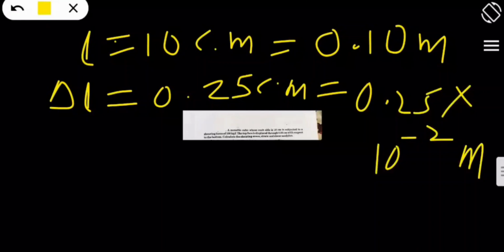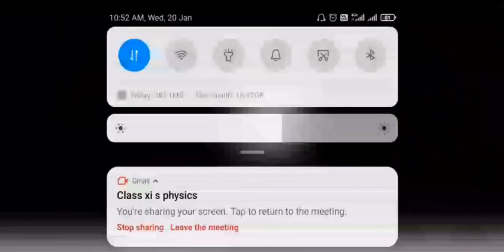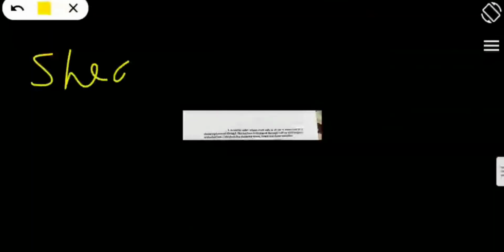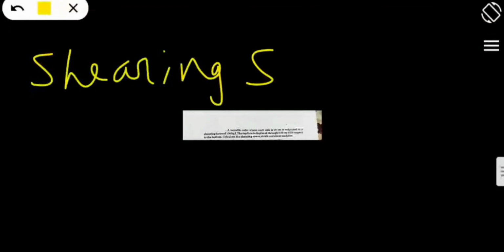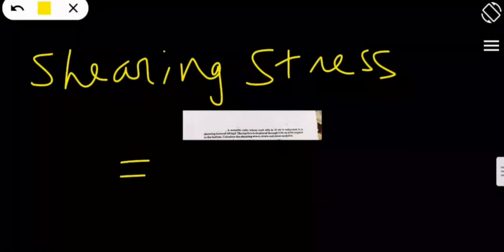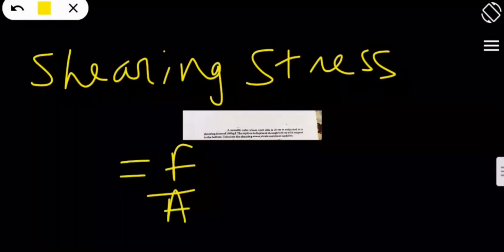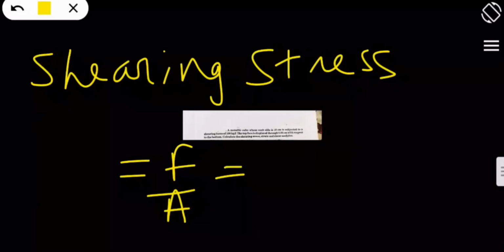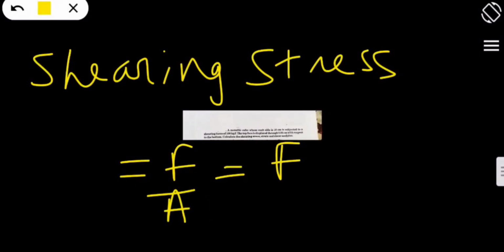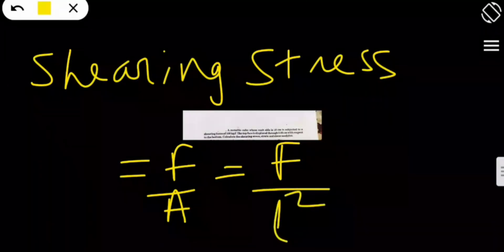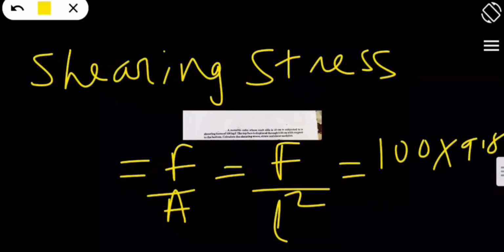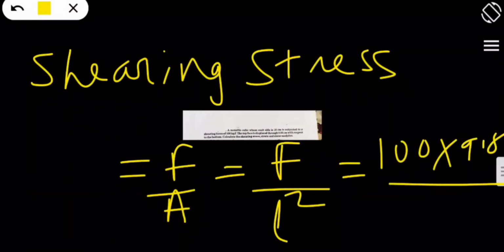Now the first question is what is the shearing stress? Write down all of you, shearing stress. Any stress has the formula of force upon area. Now the area is what here? It has a side of 10 centimeter, length square. F by L square. So this will be 100 into 9.8 divided by L square.